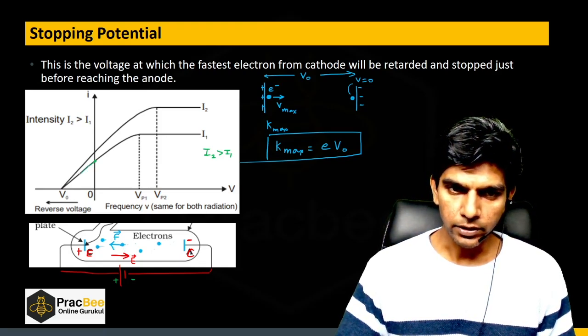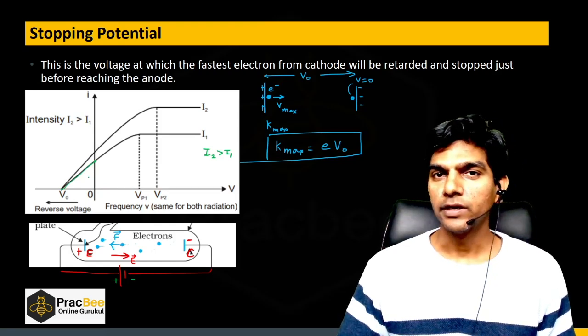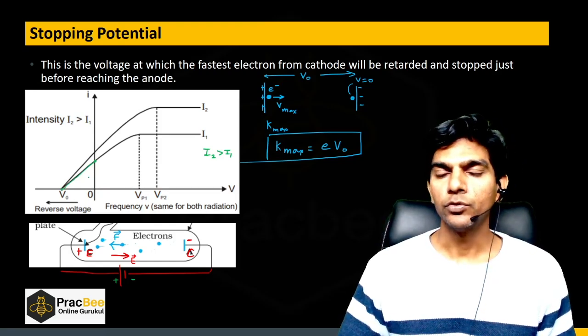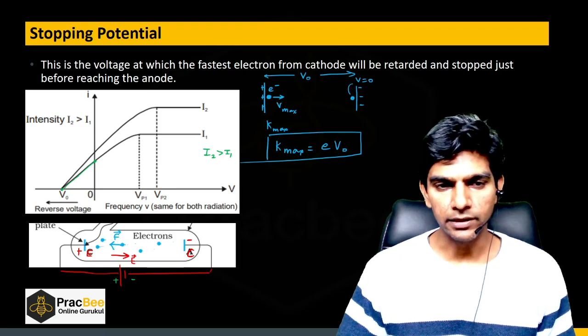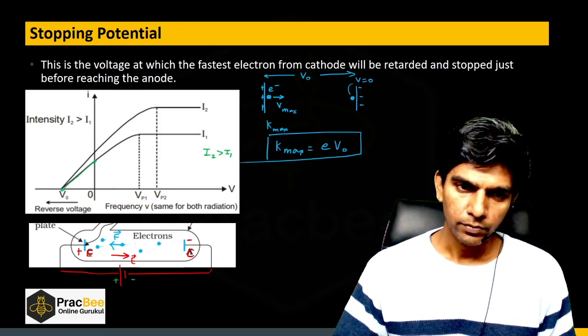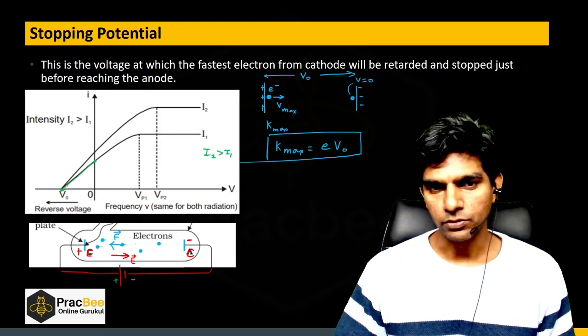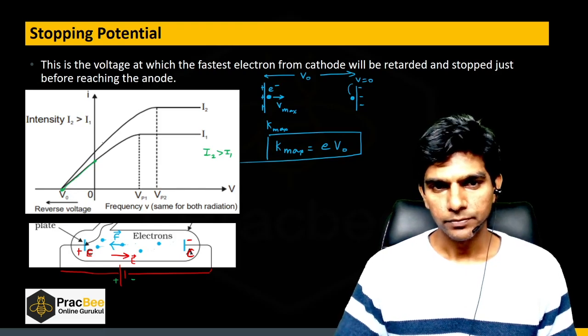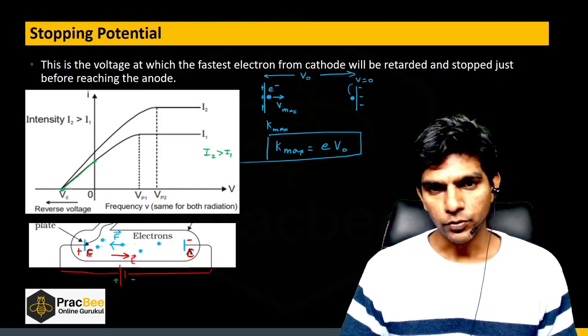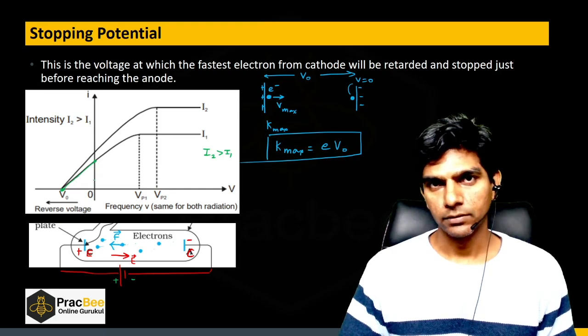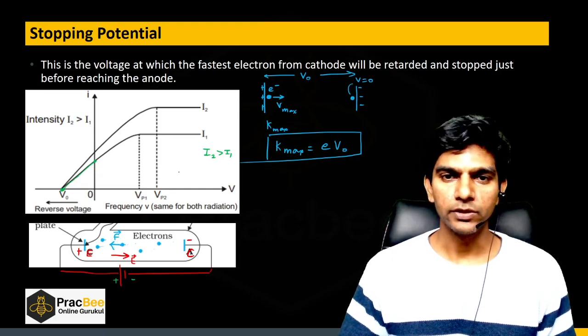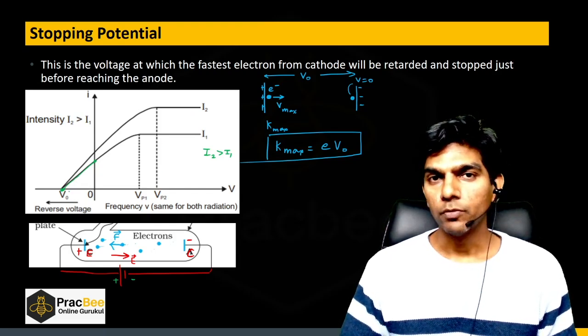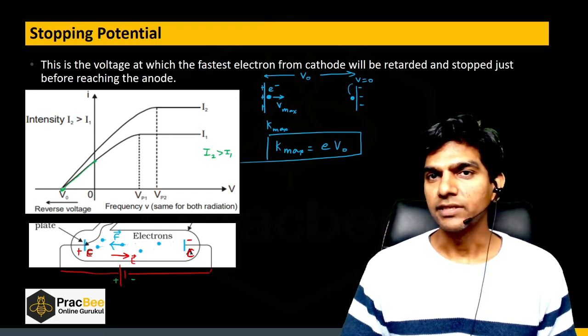And there will be a potential at which the photocurrent becomes 0, because even the most energetic electron is not able to reach the collector plate. So here the current will become 0. And can you see one more thing? For a given metal and for the same incident frequency, the stopping potential is the same.